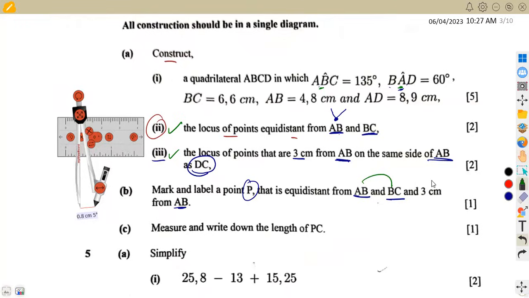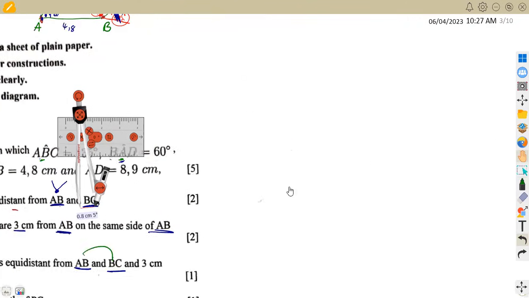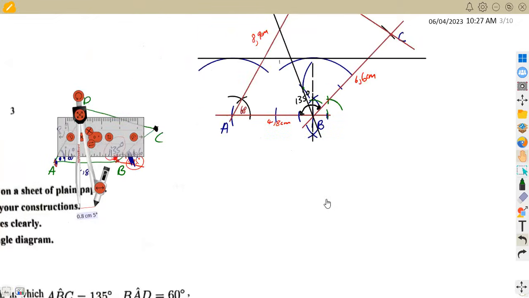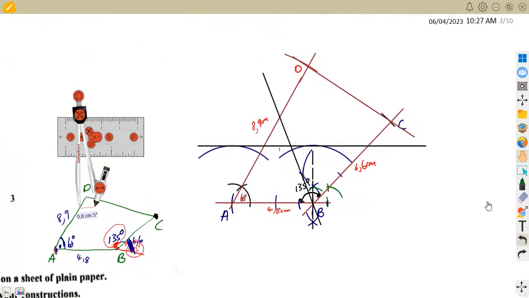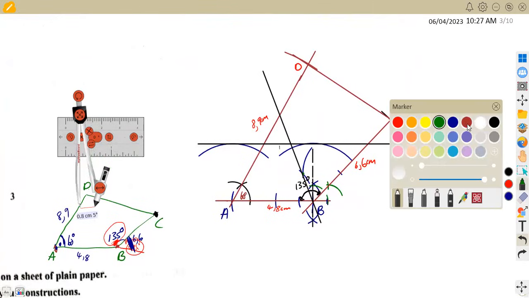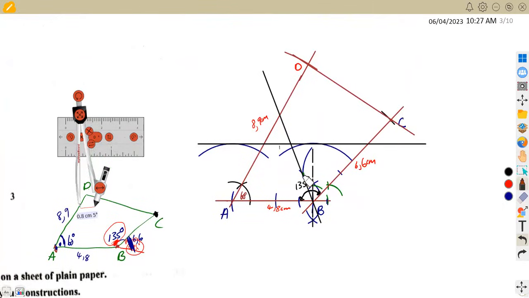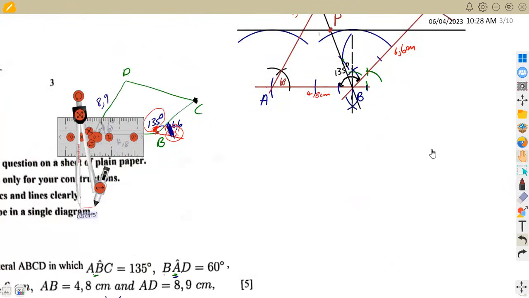So what we are going to have is where these two loci meet. Remember the first part, the one that was equidistant from AB and BC, it gave us this line. The one that is 3 centimeters from AB gave us this line. So where do these two lines meet? They meet at this point. That is going to be our point P. It's where the two loci meet, the combination of the two. That is how we're supposed to have this point.